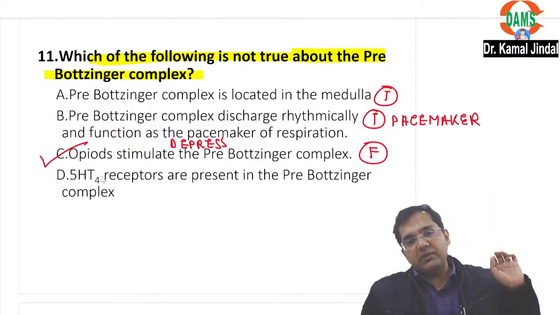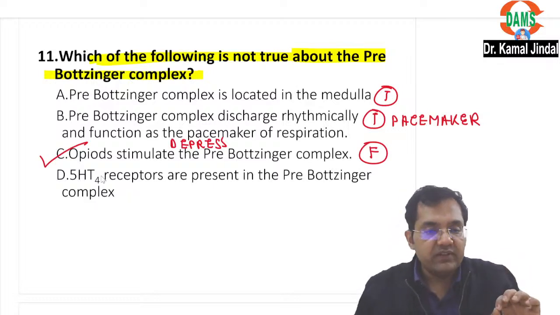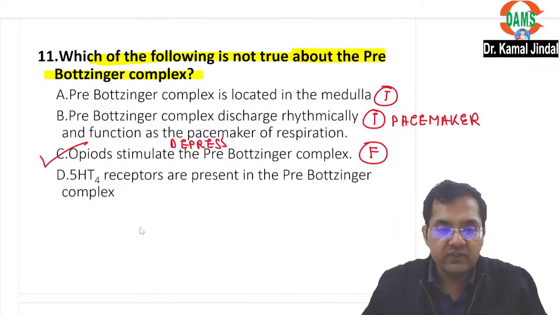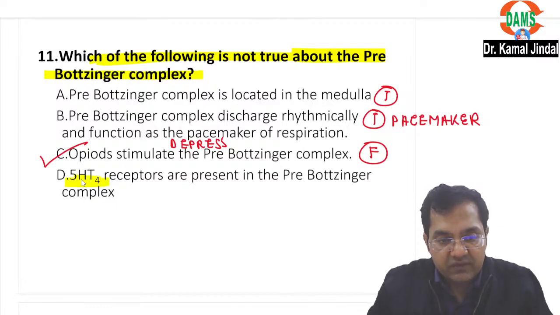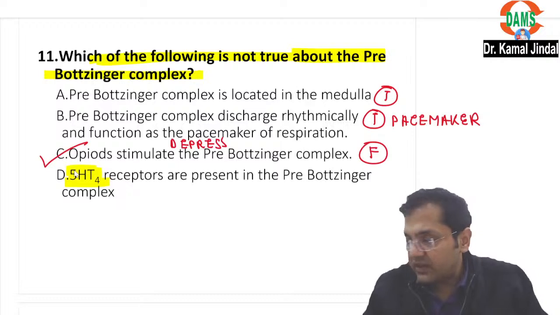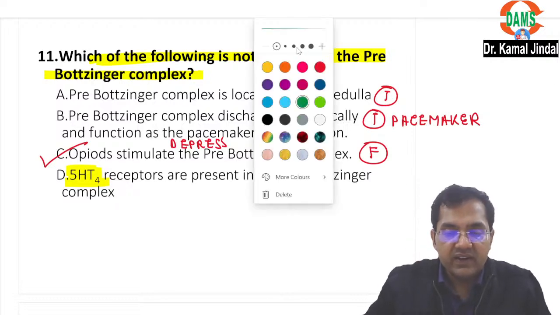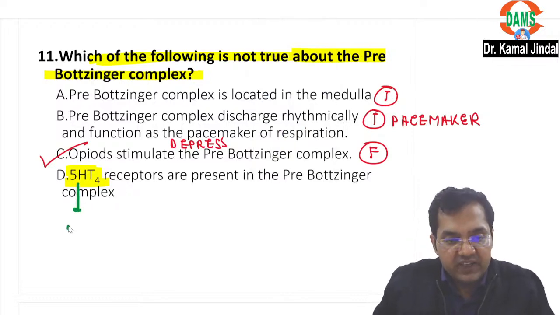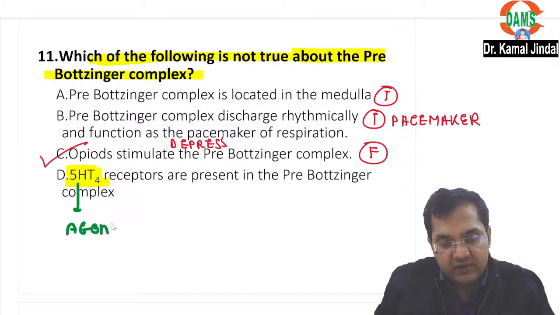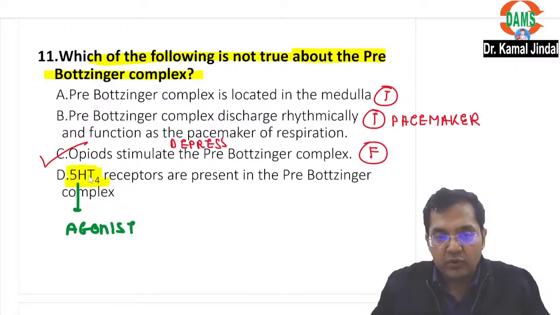This negative effect of opioids has been taken care of because now we have found that there are 5-HT4 receptors which are present in the pre-Bötzinger complex, and there are drugs known as 5-HT4 agonists. Agonist means which are like. These agonist drugs, the 5-HT4, do not depress the pre-Bötzinger complex, because remember, opioids act through their receptors known as mu receptors.